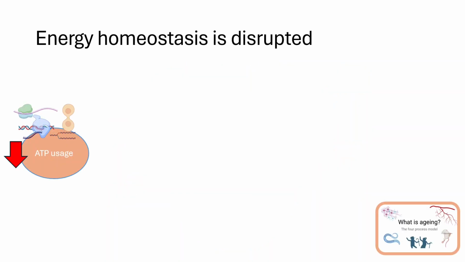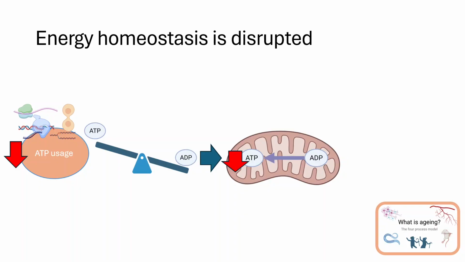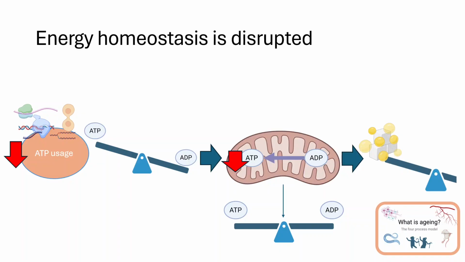Now, the third process we discussed in What is Aging was extrinsic aging, where due to the decline of all of these processes, we have reduced use of ATP, and therefore we produce less ATP, which restores our ATP-ADP balance, and that causes a buildup of the fuels that we would otherwise burn to produce ATP, so lipids and sugars.